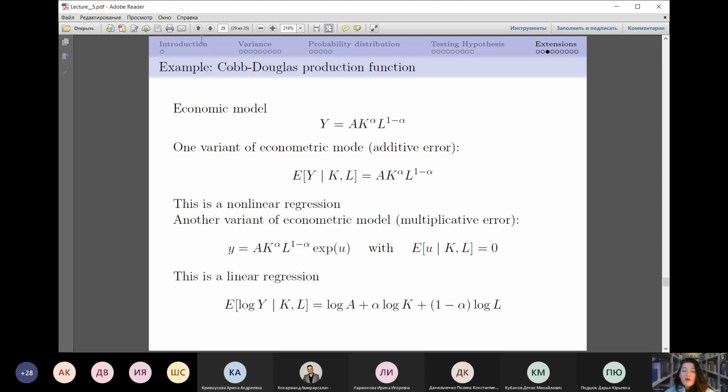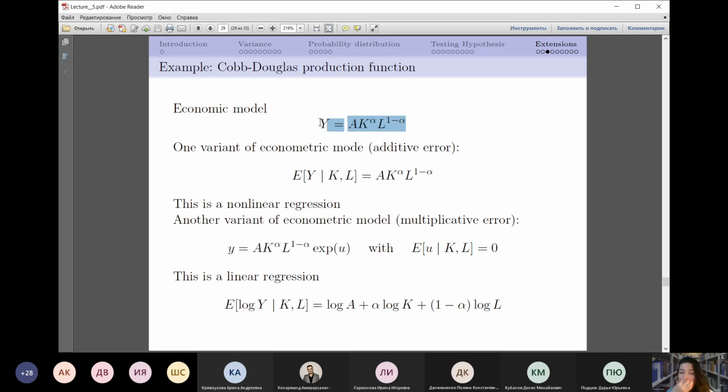Okay, and there is one more case when we can use log transformation, because in some cases we want to linearize our model. For example, if you remember the Cobb-Douglas production function from microeconomics, it looks like this.